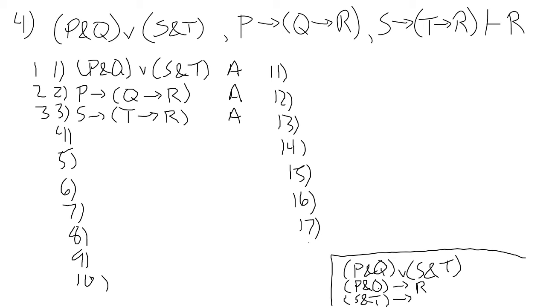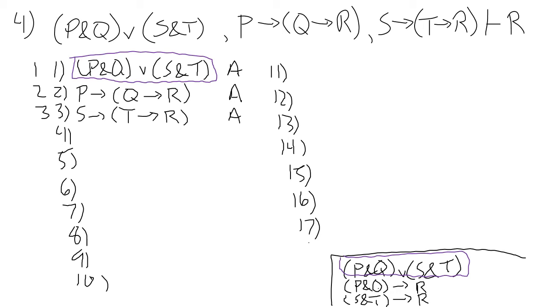It's going to be the same exact process as before, but now we just have a little bit more, we have this ampersand in each of the disjuncts. So same thing as before. We already have the disjunction given to us here. So we need to prove the other two conditional statements.